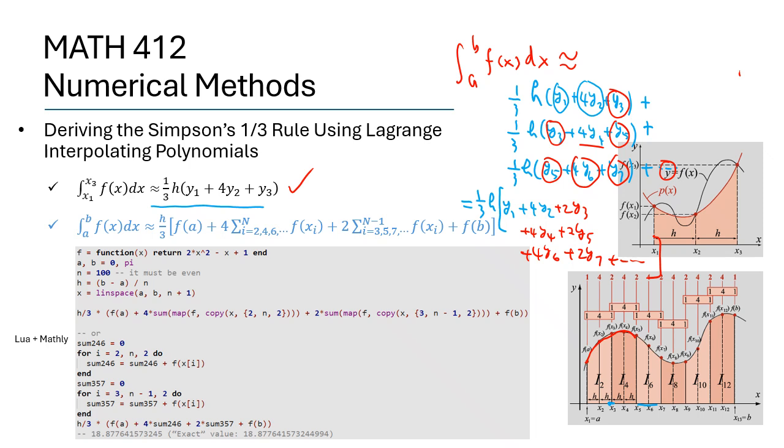And the last term, until we arrive at which one? For the last one, you have 4y to the last one, given that we have a total of n subintervals. It's even.